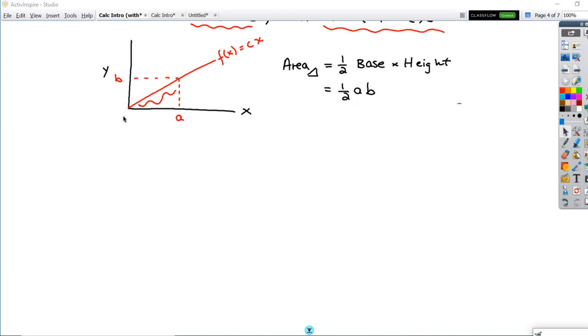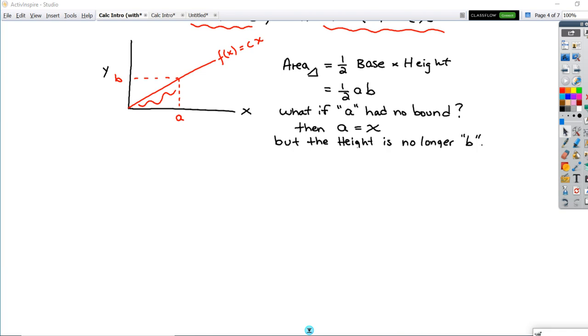So it's 1/2 A times B, where B is the y value for that corresponding A value. But similarly, what if A had no bound? Then A would equal x.